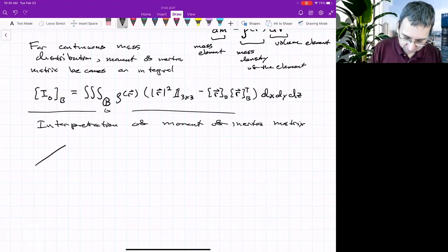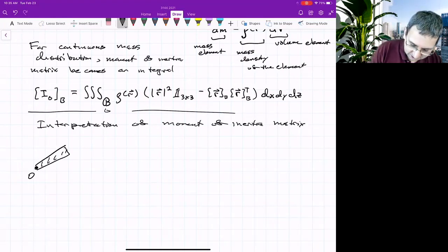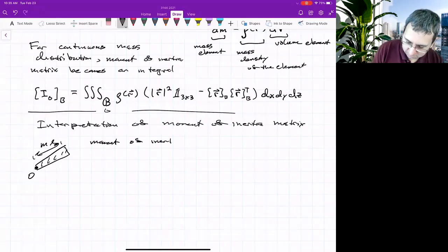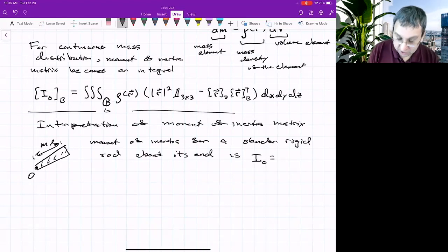So if you were thinking of a rigid rod about its end, you know that there's a certain moment of inertia related to that. If this had a mass m and it had a length L, the moment of inertia for a slender rigid rod about its end is just a scalar, and it's 1/3 mL squared.